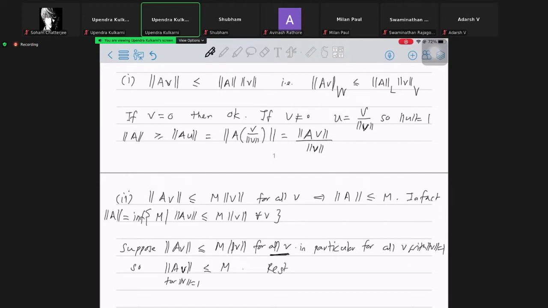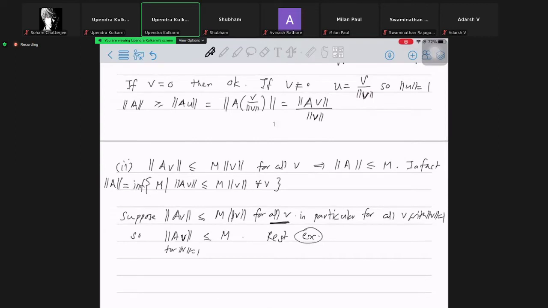The rest of this is just a simple exercise. See, what do I have to do? So the first part already tells you that the norm of A, we already said this, is less than or equal to the infimum of this set, because norm of A is less than or equal to every such element. So why is it the infimum? Well, that just means you have to show what?